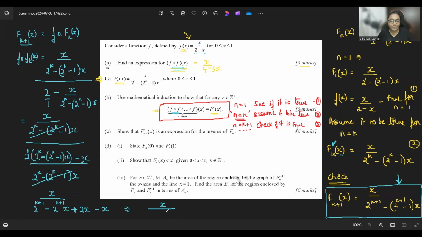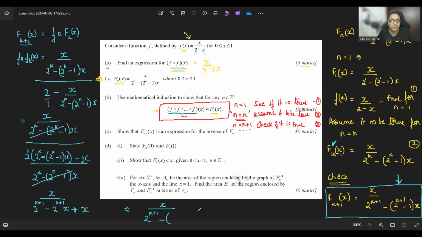So even more careful. So x by, now keep an eye on what result you want. At the end, you want 2 to the power k plus 1. So you want it outside, keep it outside. 2 to the power k plus 1, we have already got it. Next, 2x minus x is just x, basically. So you can just write it as x. Then next you want a negative, so take negative common.